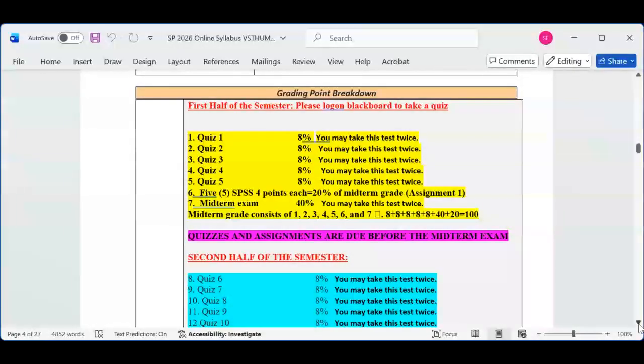And then you see the SPSS assignments for the midterm and SPSS assignments for the final. You must have a copy of SPSS in your laptop to do these SPSS assignments.